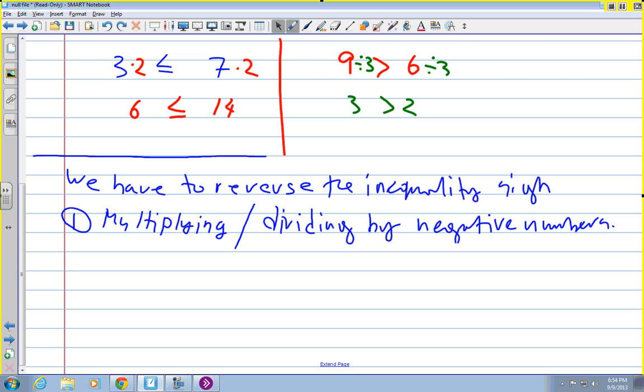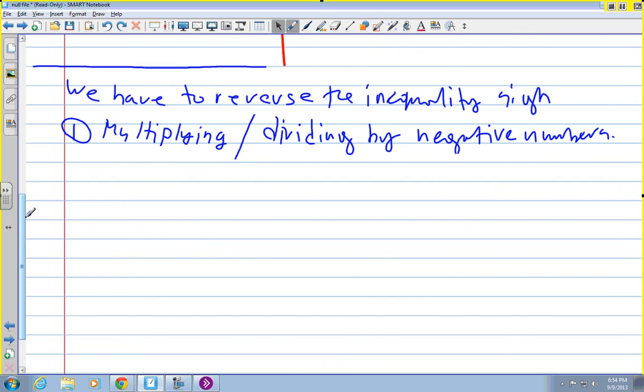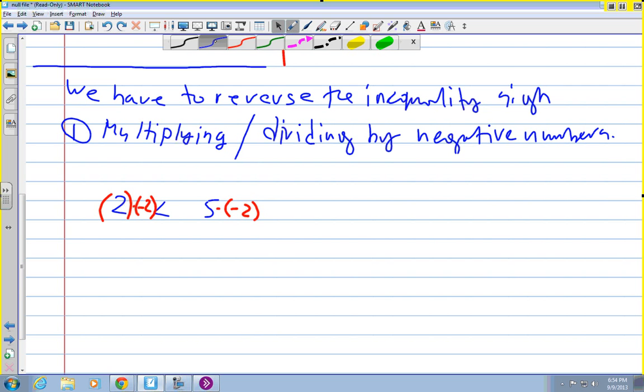Right? Yeah. So for example, 2 is less than 5. Right? But if I multiply both sides by, let's say, -2, we'll end up with -4 and -10. Which one is bigger? -4. So the inequality got flipped.